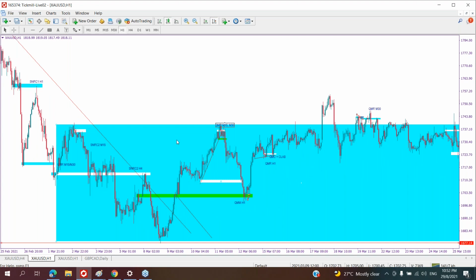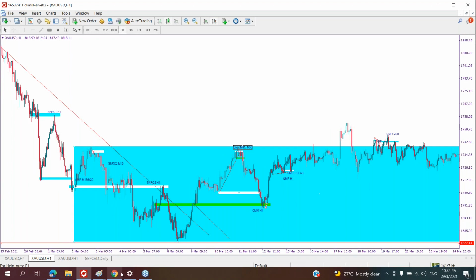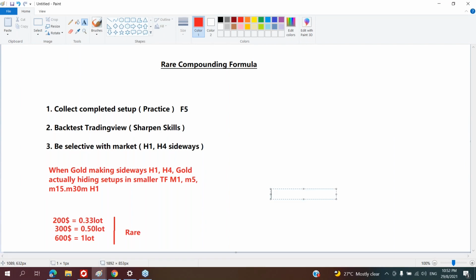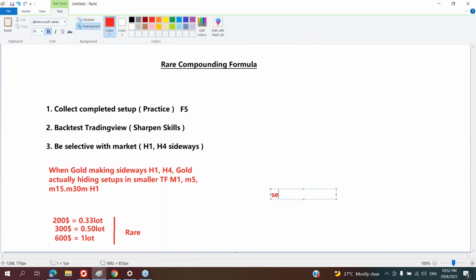If you are good in supply and demand, we have to sell at the highest price. We all know this is how supply and demand works. And we have to buy at the lowest price.